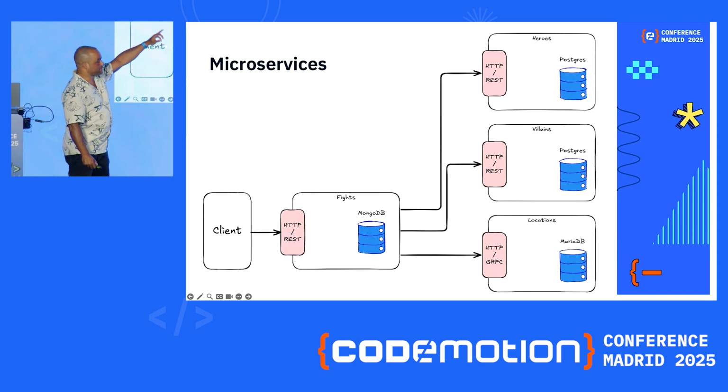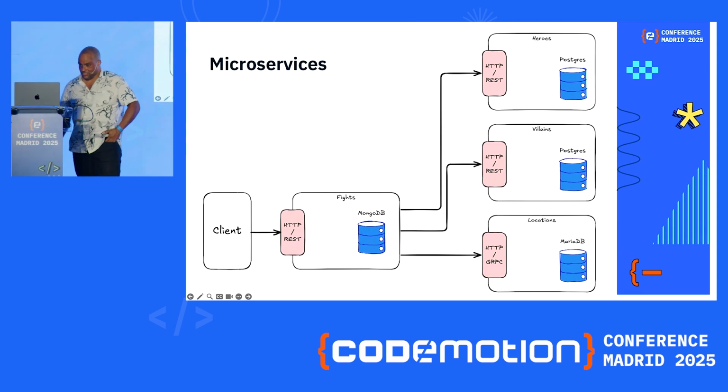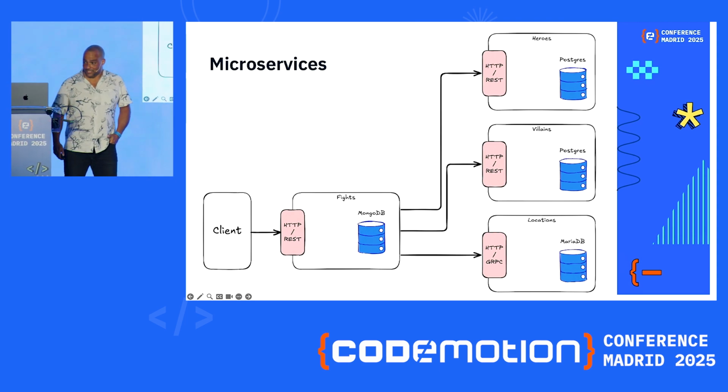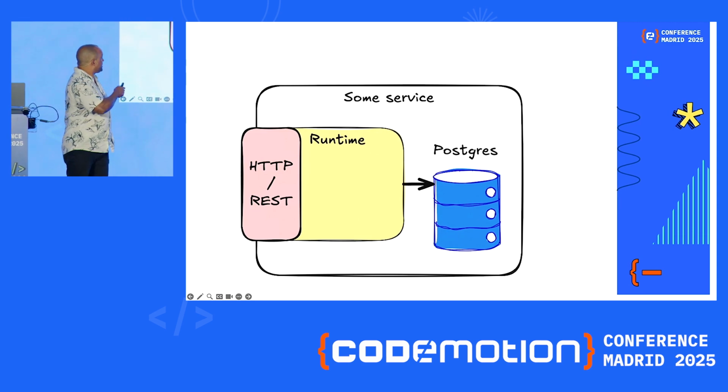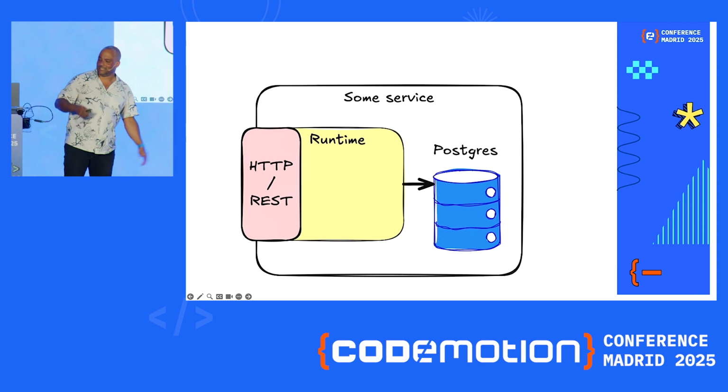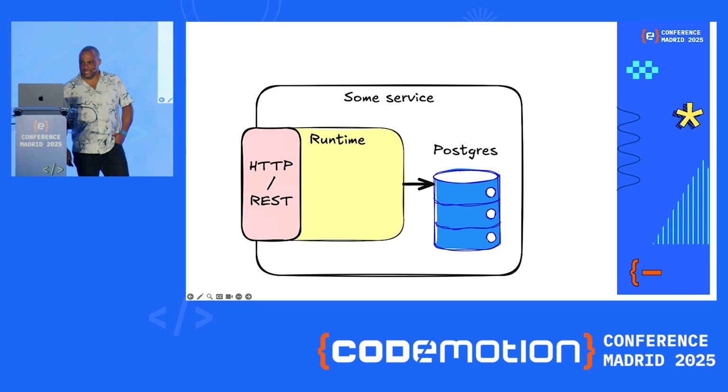There are some back-end services we call out to, and they have their own database, and they do their thing. If we zoom in a little bit, it looks something like that, right? We have a service. We have a runtime with an HTTP endpoint, and we have a database. The database isn't really inside the service, but close enough, right?